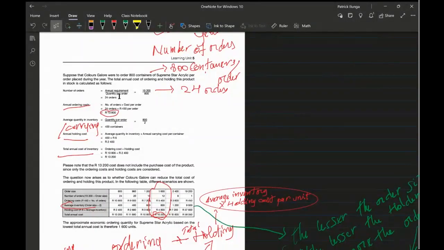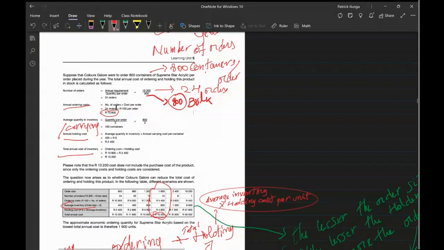We divide that by the quantity per order. How many do we order in bulk at once? We order 800 units at once. So we order in bulk, and in one order we order this quantity, 800.